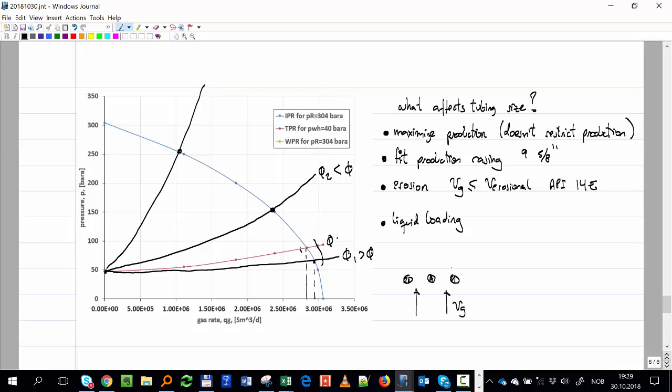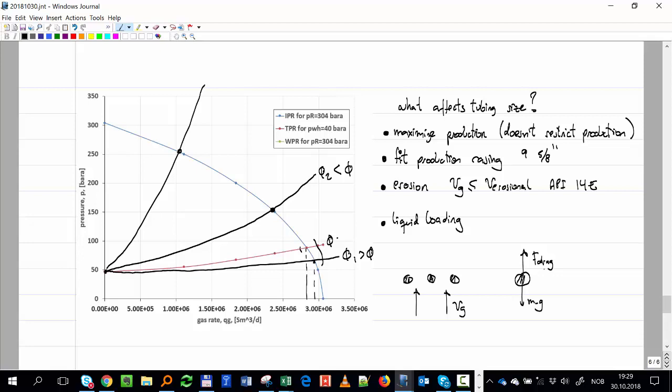So you have two forces acting on the droplet. One of them is mass times gravity, and then going up, a drag force by the fluid. If those two forces are equal or the drag is less, then the droplet will tend to deposit in the well.